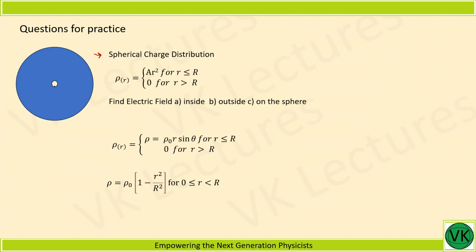Another question is rho of r equal to rho naught r sine theta for r less than or equal to R. And another question is rho equal to rho naught into 1 minus r square by capital R square. In all these cases, questions 1, 2 and 3, you have to find the electric field inside, outside, as well as on the sphere.